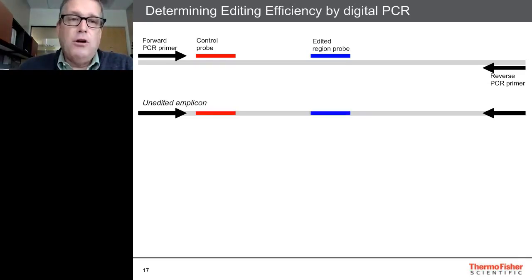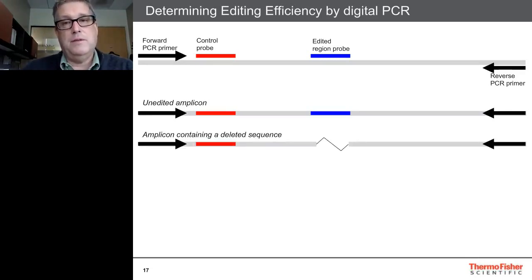And this control probe was placed in a region of the amplicon that is not likely to be affected by the Cas9 nuclease and the repair mechanism of the cells that you want to be edited. We design a second probe here using FAM that is over the edited site. Okay?